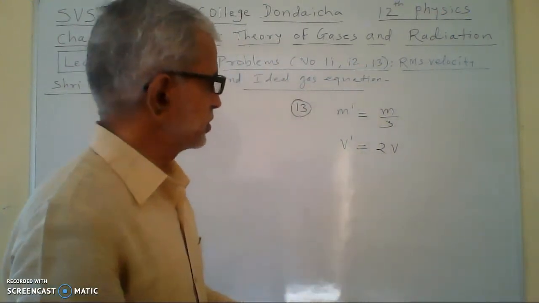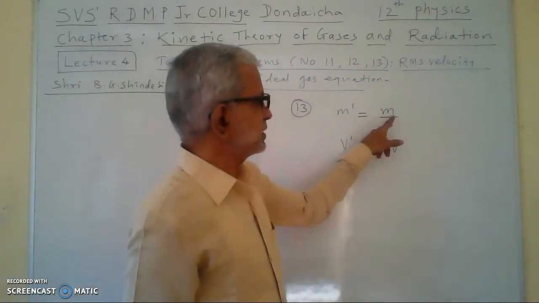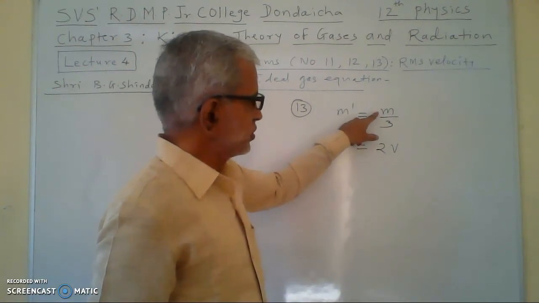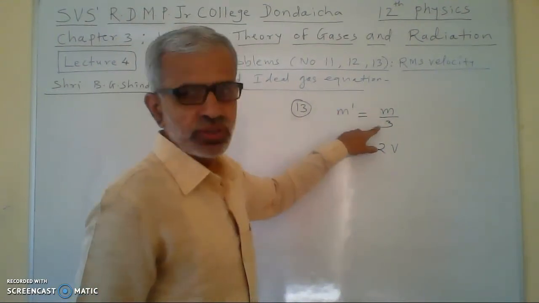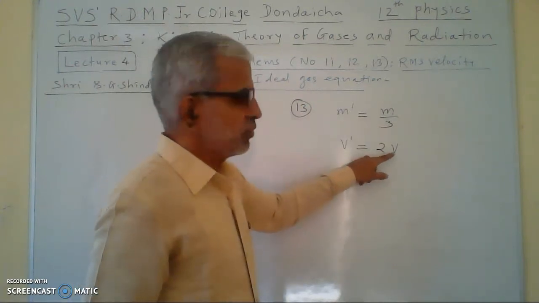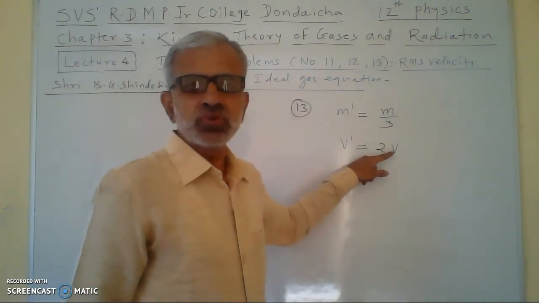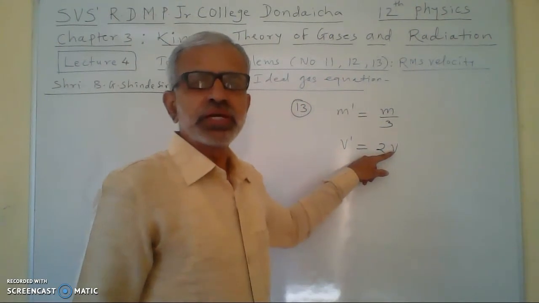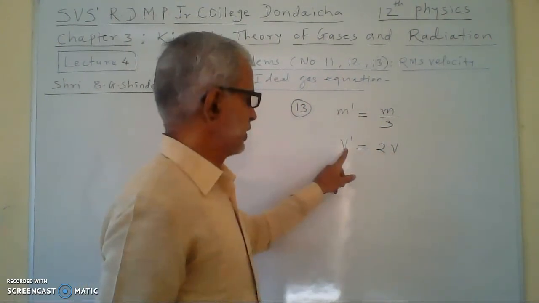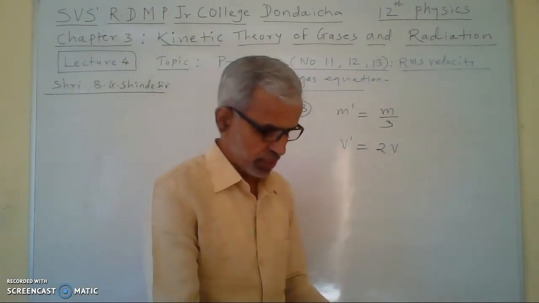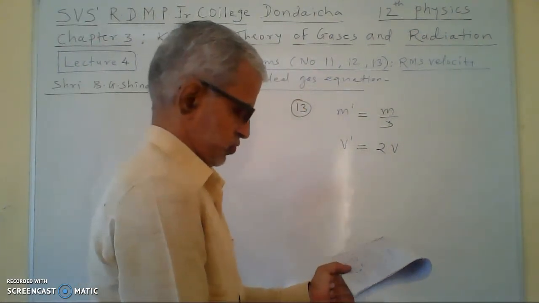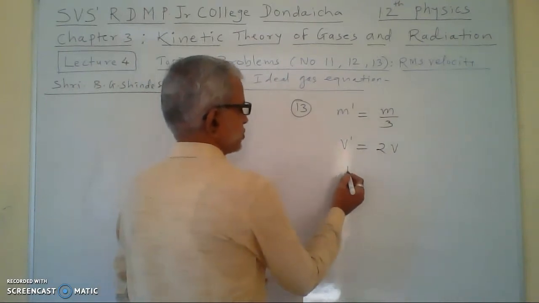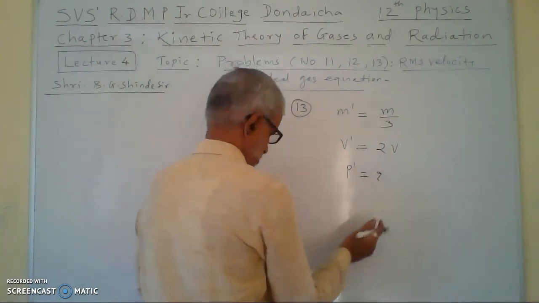Suppose the original mass of the gas is m, it will be reduced by 1 upon 3. So the new mass m dash is equal to m by 3. The original velocity of the gas is suppose v, then it will double, so v dash is equal to twice v. And we have to find what is p dash, the new pressure of the gas.